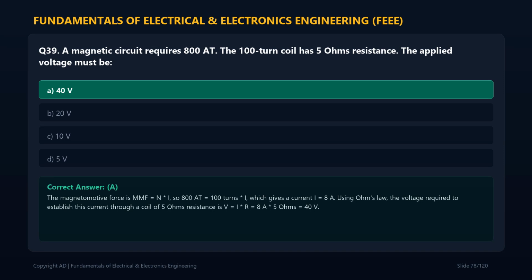The correct answer is A, 40 volts. MMF equals turns times current, which gives 8 amperes. By Ohm's law, 8 amperes times 5 ohms requires an applied voltage of 40 volts.